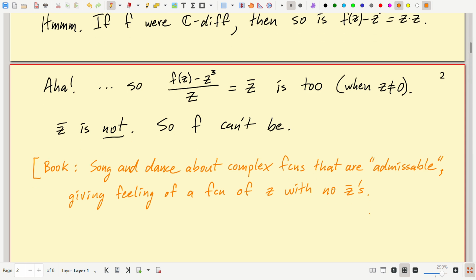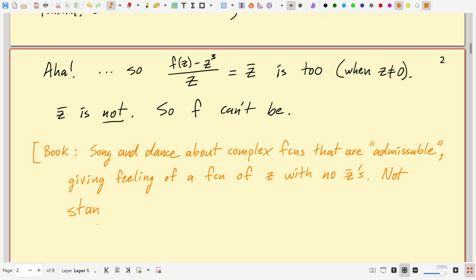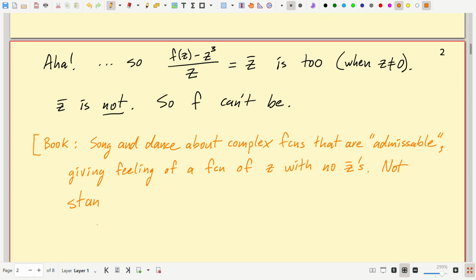So that's not standard terminology in any book that I'm aware of. But I guess it's a good thing to think about. That's the basic feeling of being analytic. Since functions are going to be expressible as power series, if they were written in terms of z's and z bars, the z bars better go away. And it's because of this argument above that you see that, oh my gosh, z bars are bad. So it's not standard. Just something to be aware of.